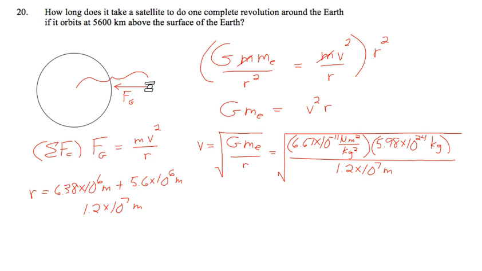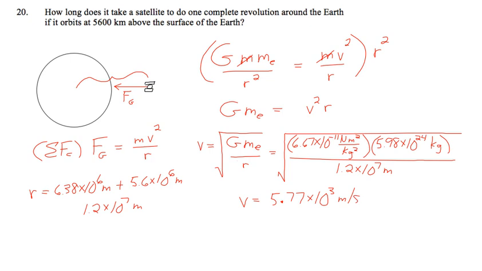So, solving this, what do you get when you solve for V? 5 point what? 5.77 times 10 to the third? Okay. So 5.77 times 10 to the third meters per second.